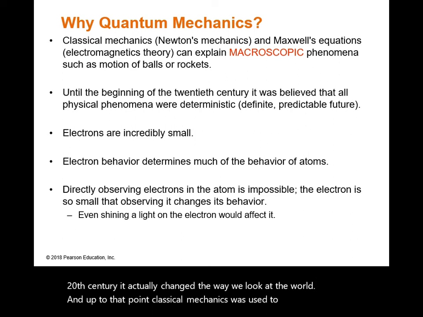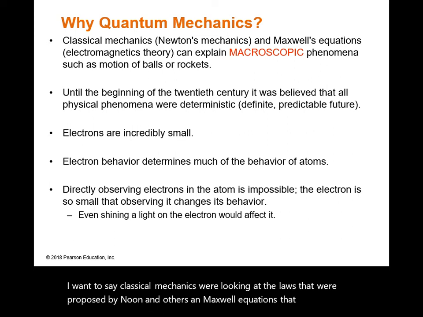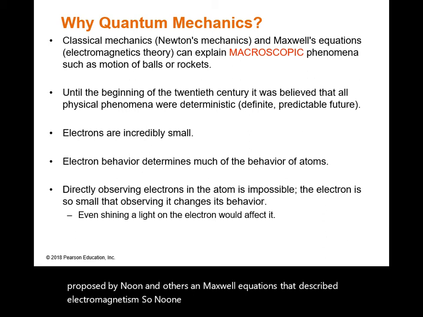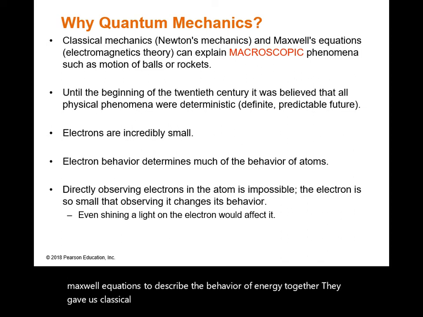Okay, when we say classical mechanics, we're looking at the laws that were proposed by Newton and others, and Maxwell equations that described electromagnetism. So Newton described the behavior of matter, whereas Maxwell equations describe the behavior of energy. Together, they gave us classical physics or classical mechanics.